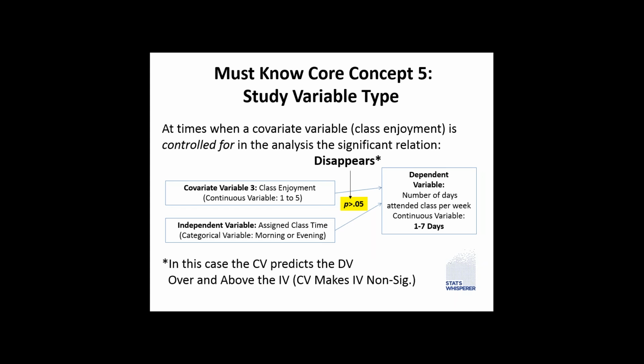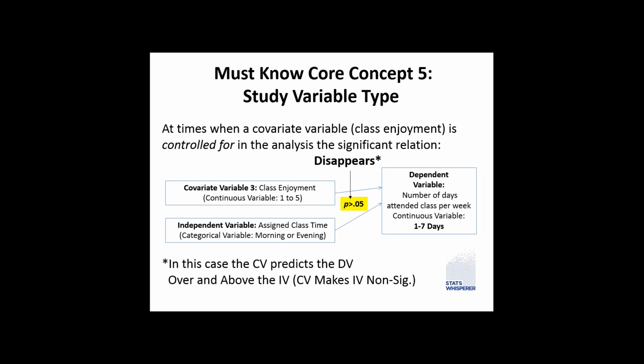So what happened is the relationship between assigned class time and attendance was explained by class enjoyment. That means if you enjoy the class, it doesn't matter what time you were assigned the class. So if we walked away without controlling for the covariate, we would have been misinformed.